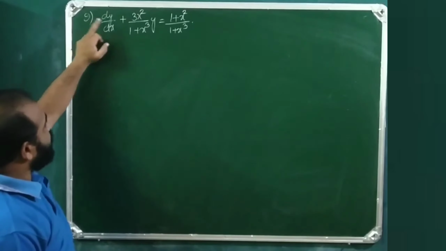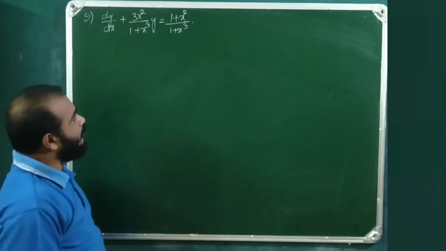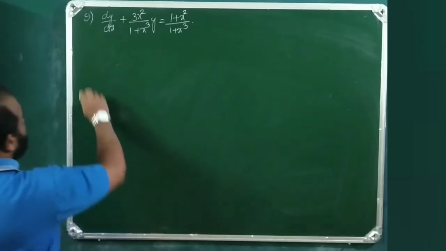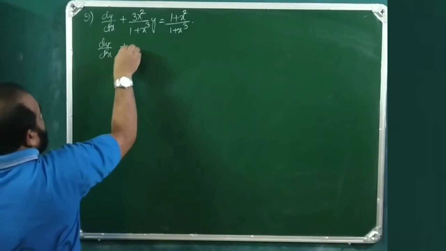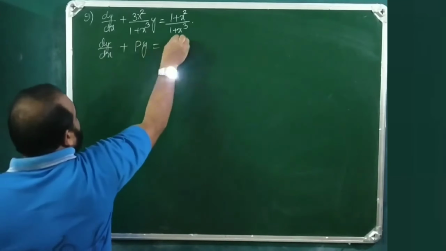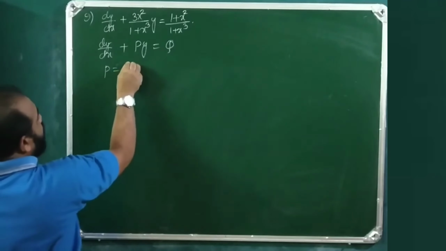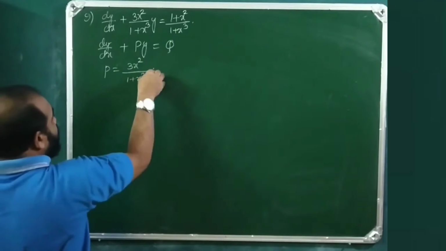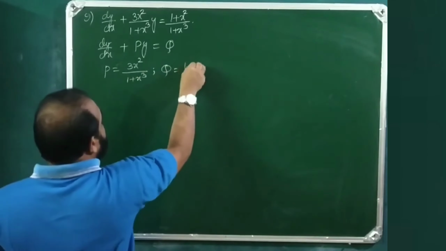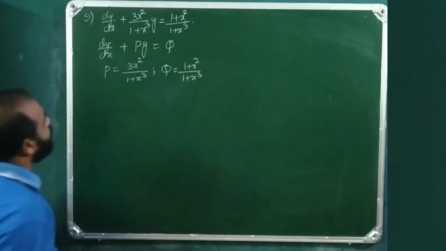Next: dy by dx plus (3x square by (1 plus x cube)) y equals (1 plus x square) by (1 plus x cube). This is clearly of the form dy by dx plus py equals q. So here p equals 3x square by (1 plus x cube), and q equals (1 plus x square) by (1 plus x cube).